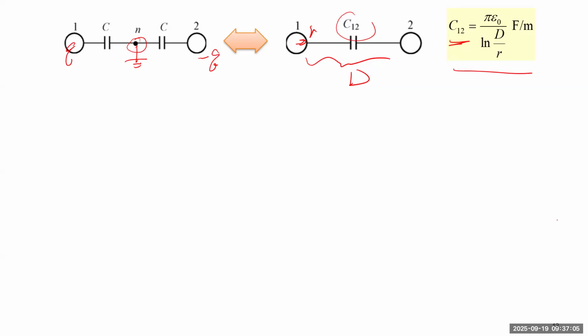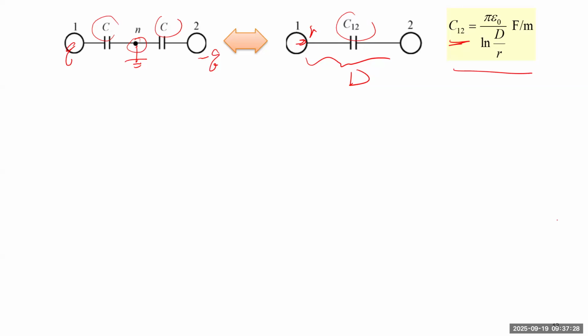So neutral point is like ground. So we just split the capacitance into two capacitances. We call each one C. They are connected in series. And each C means the capacitance to the ground or to the neutral point. If the system has a zero net charge, the neutral point is exactly just ground.